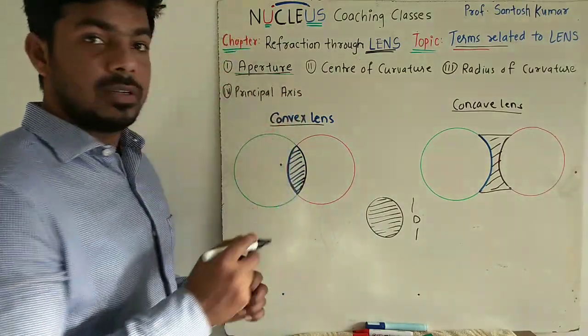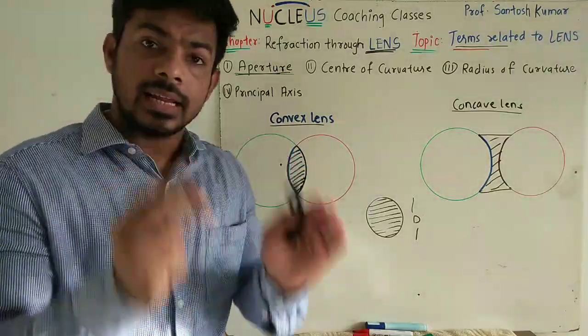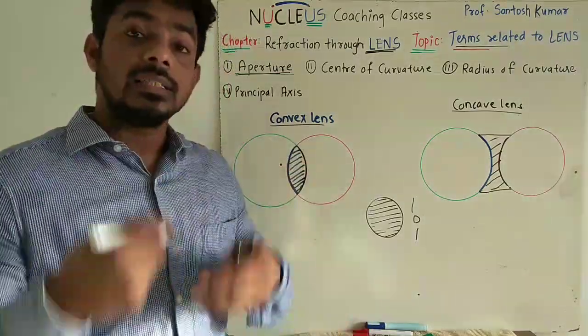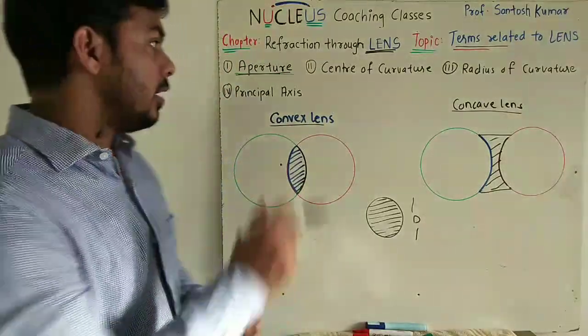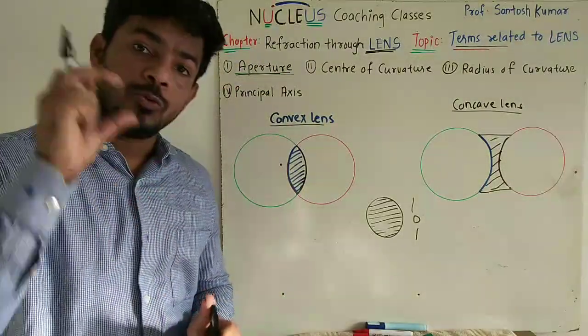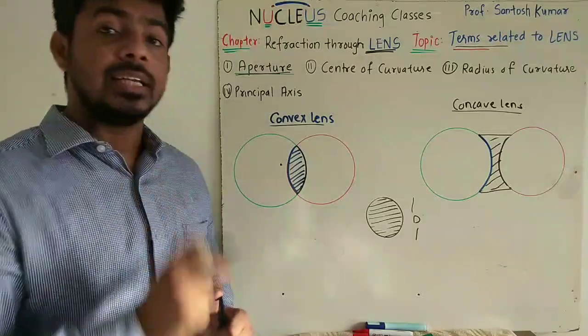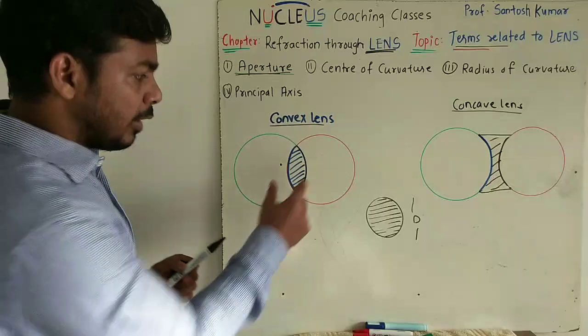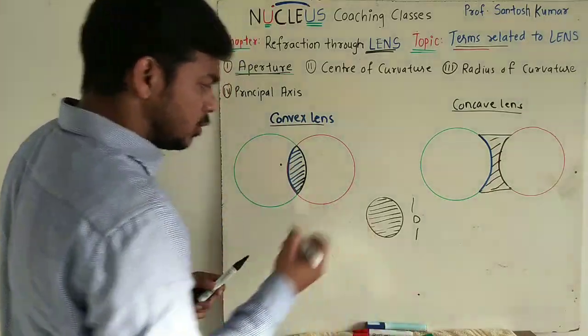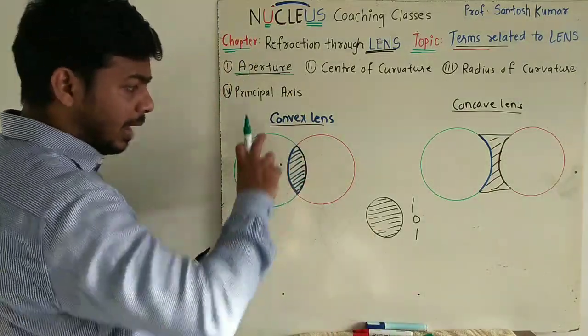मतलब जितना भी पार्ट लेंस का अवेलेबल है जहाँ से रे ऑफ लाइट पास हो सकता है उसे हम अपर्चर कहते हैं. So aperture is the effective width and effective diameter of the lens through which refraction of light can take place. If I talk about this lens, I can show you that this lens is a part of this sphere.